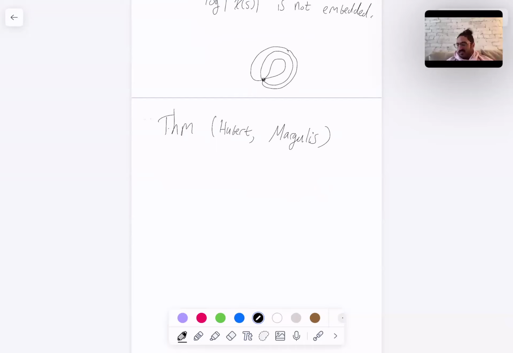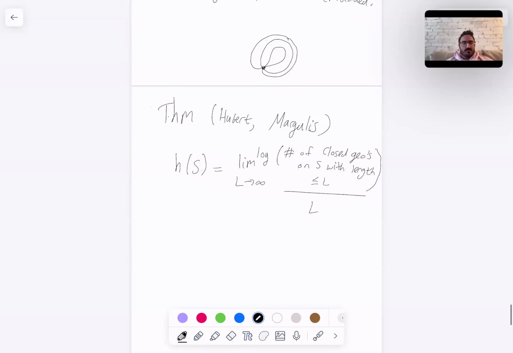H of S, where now S is a hyperbolic surface, is just the limit as L goes to infinity of the logarithm of the number of closed geodesics on S with length less than or equal to L, divided by L. And this is a fabulous result.